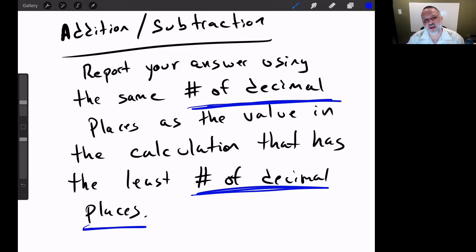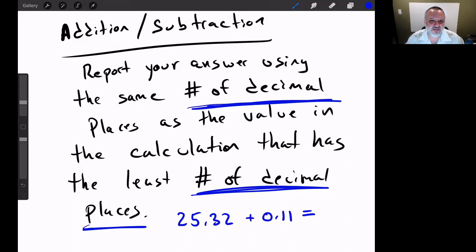In addition and subtraction, we're not. We're counting the number of decimal places. And so let me give you a quick example. If I have 25.32 plus 0.11, how do I report my answer?